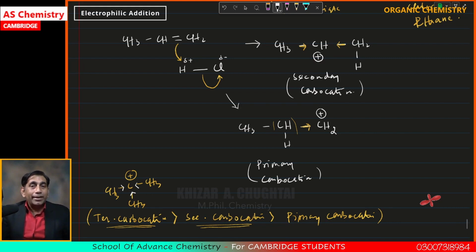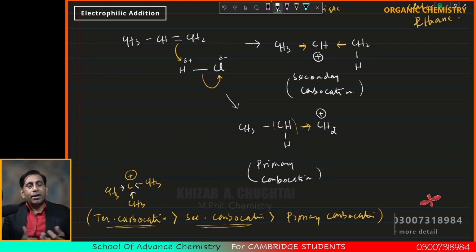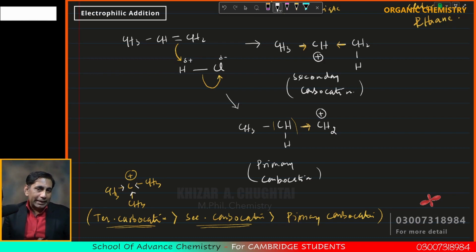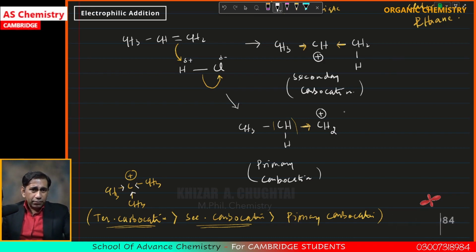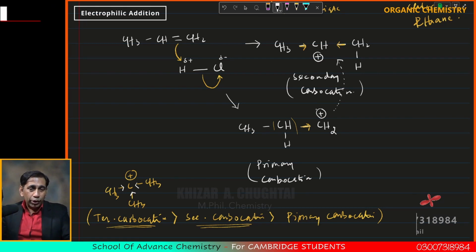So that's why the lifespan of the tertiary carbocation is higher as compared to the secondary carbocation, and the secondary carbocation has more lifespan than the primary carbocation. So what happens basically? Most of the molecules will change themselves. There is a transformation of the molecule. It's called rearrangement of the molecule. Why and how are they going to rearrange?